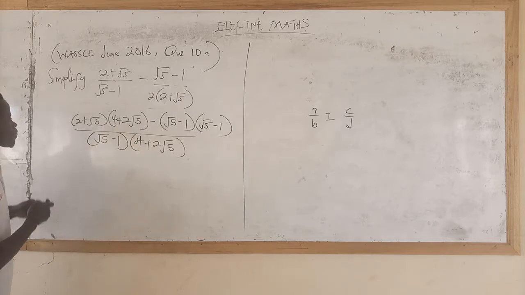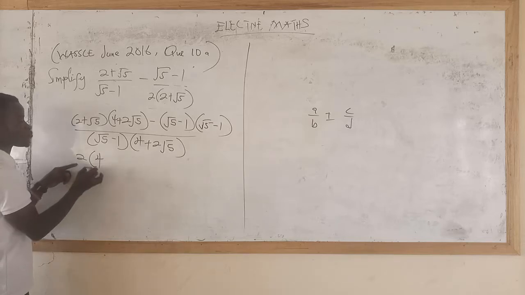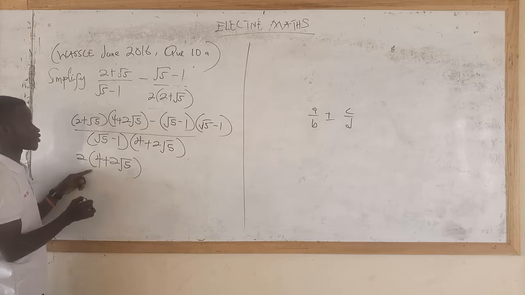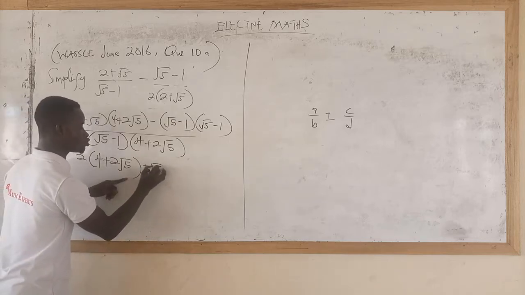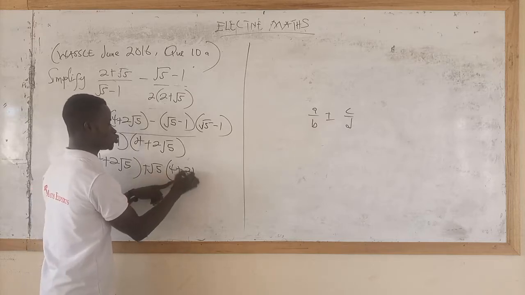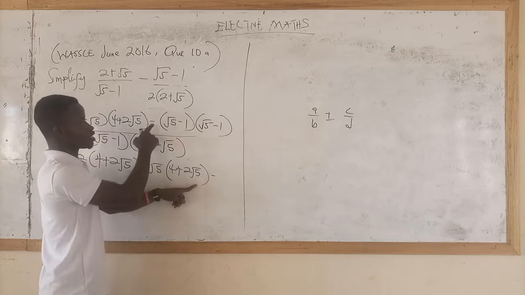Let's move on. So now, to multiply this, then 2 is going to multiply 4 plus 2 square root of 5. Then plus square root of 5 will multiply 4 plus 2 square root of 5. Watch this.